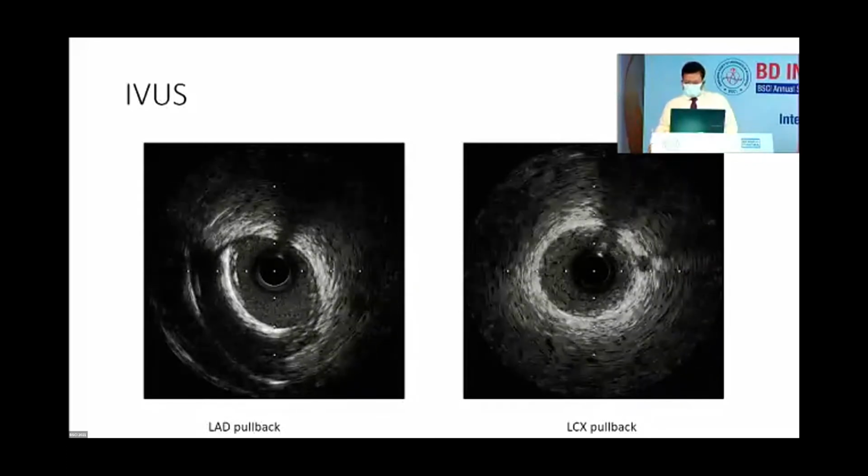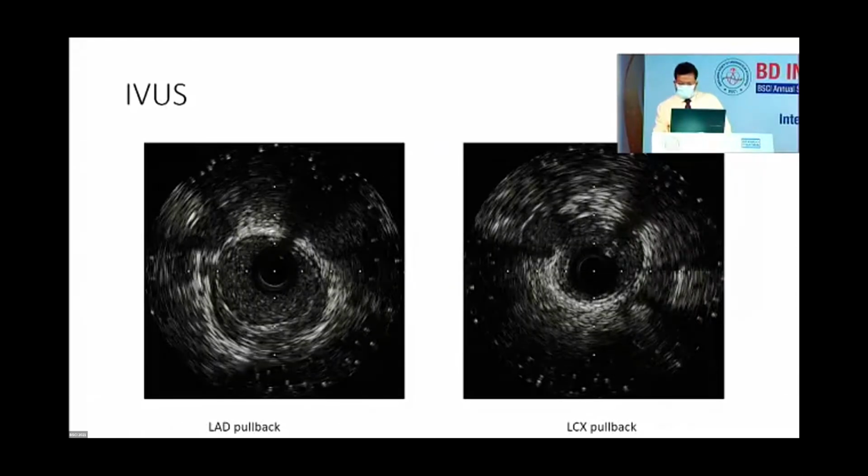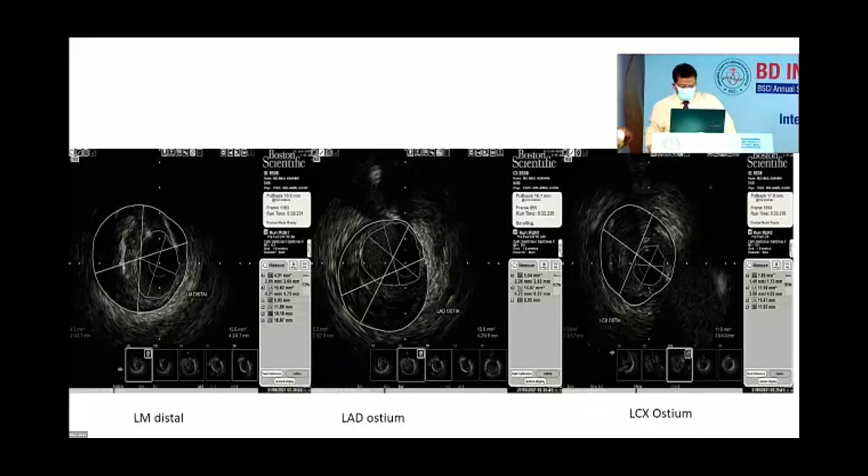It is shown that the ostium of the left circumflex is approximately 90% stenosis, and the area is 1.3, and distal LM is 4.5, and ostial LAD is 4.